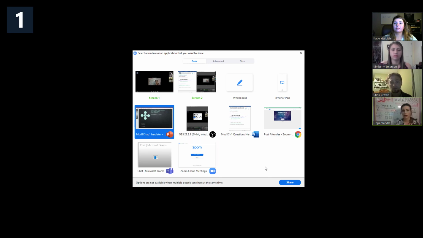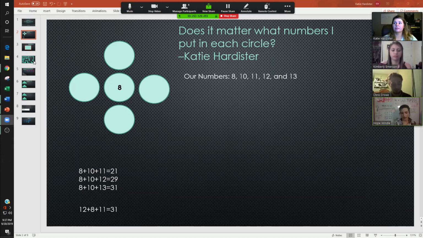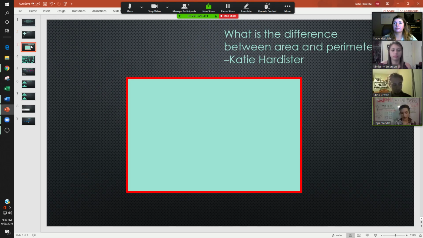Okay, Katie, is there another way to find a perimeter, and what is the difference between a perimeter and an area? Well, the difference between an area and perimeter, if you think about, let's say that we're going to be building a fence for our dog.